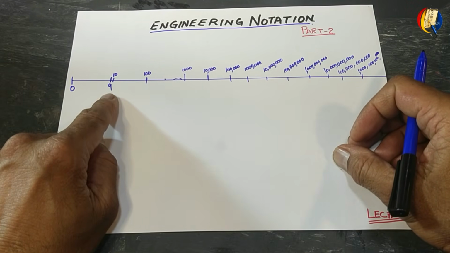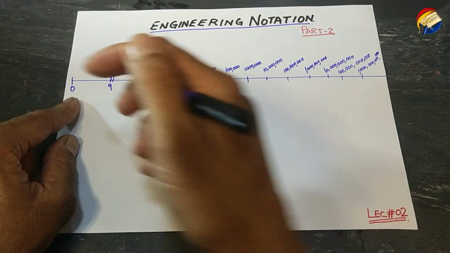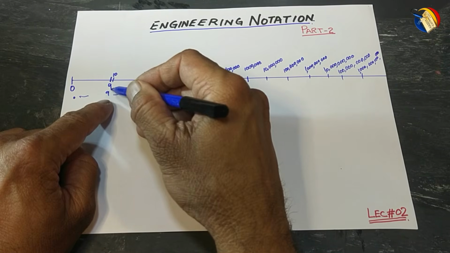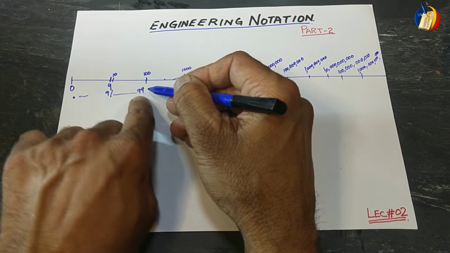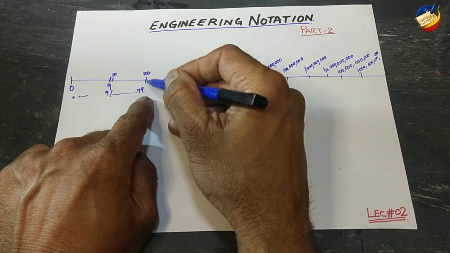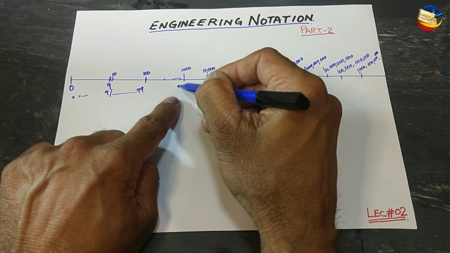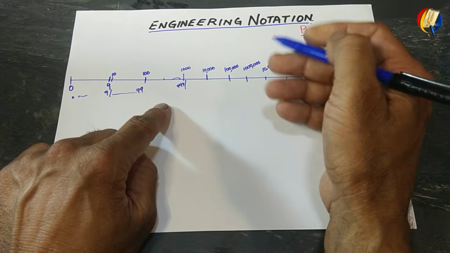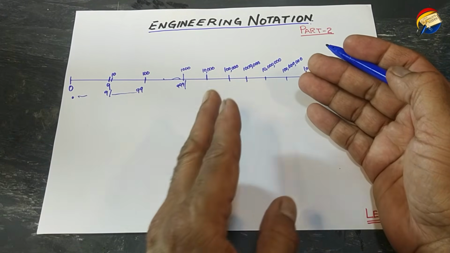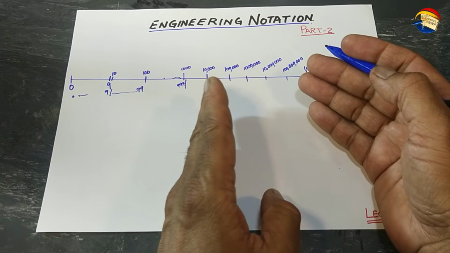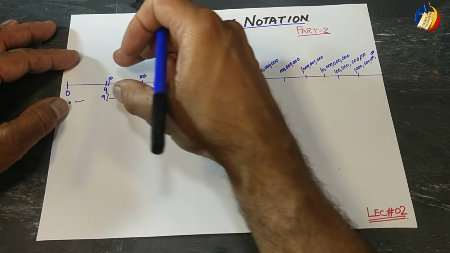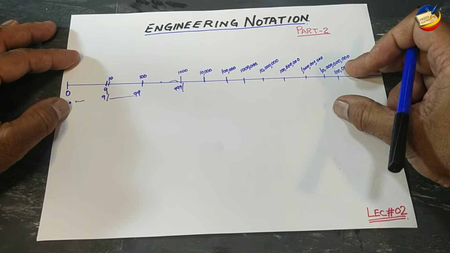From 0 to 9 we write 0 to 9. From 10 to 99 there is one category. Then 100 to 999, this is one category. Then at each stage, when one digit is added, the format will change. In decimal notation we write figures like this.